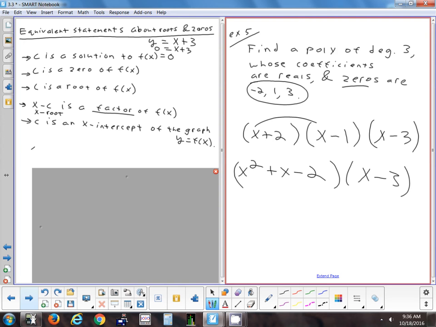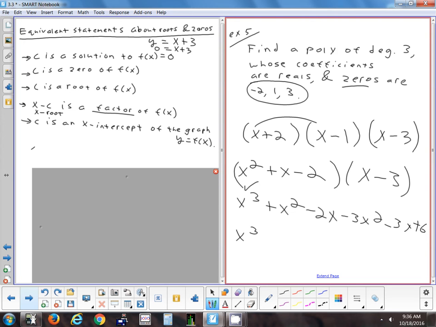I would never have you FOIL something out that was more than 3, because it starts to get time consuming. But 3 is not too bad. So we've got x cubed, x squared, minus 2x, minus 3x squared, minus 3x, plus 6. Now just combine your like terms, and that's your answer.